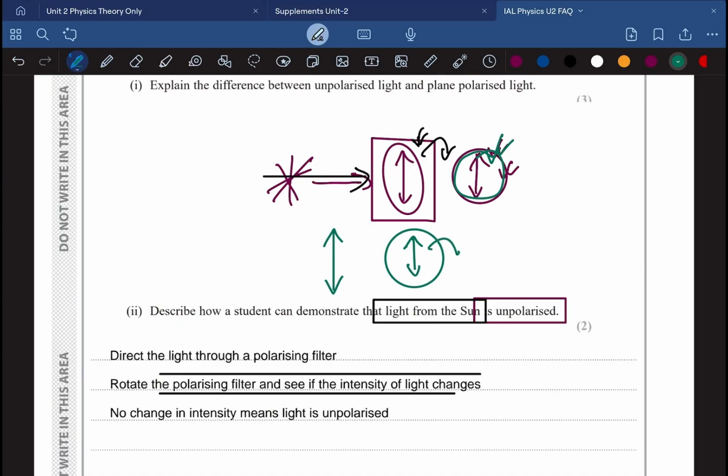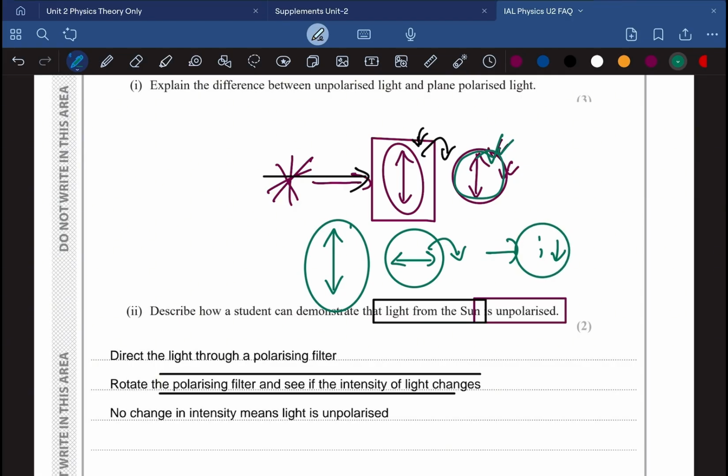Now if I rotate this polarizing filter, at some point the plane of polarization will be horizontal, which is perpendicular to the plane of polarization of the polarized light. So what will happen is the intensity will decrease.